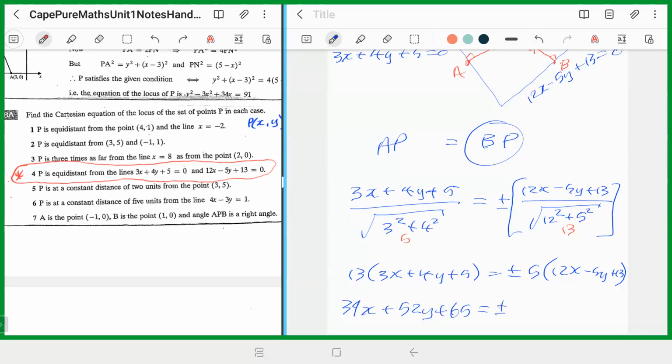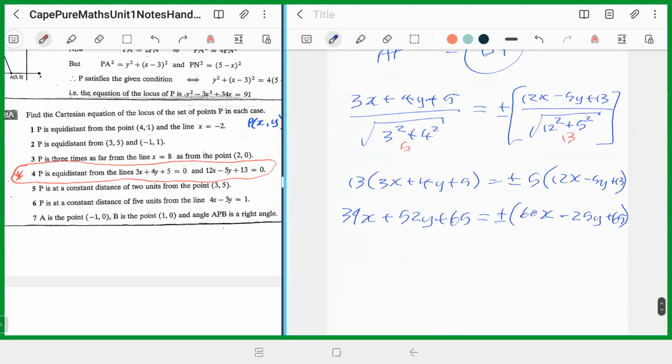Equals plus or minus, I'm going to multiply the 5 inside here now. 5 times the 12 is 60, so I'm going to get 60x. Then 5 times 5 is 25, so I'm going to get minus 25y. 5 times 13 again is 65, I'm going to get plus 65.